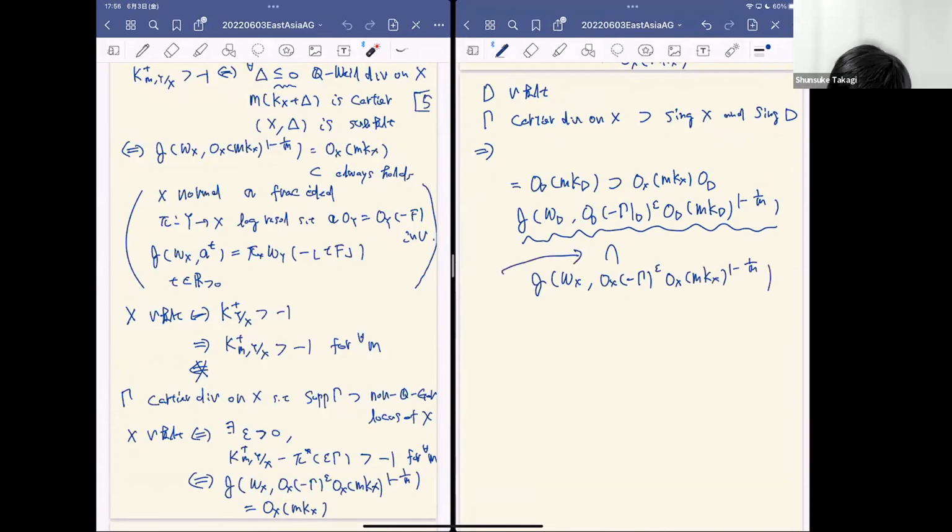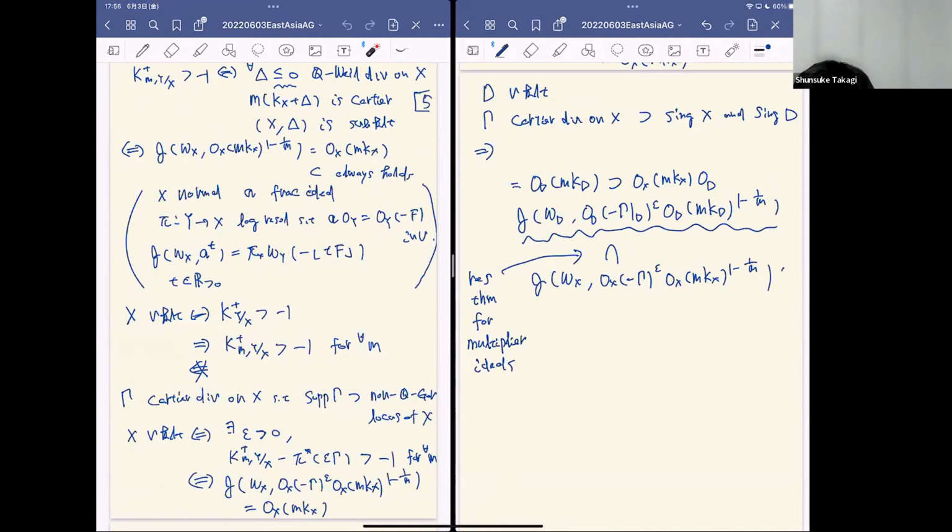So this is a restriction theorem for multiplier ideal sheaves, and this restriction theorem also follows from Kawamata-Viehweg vanishing.